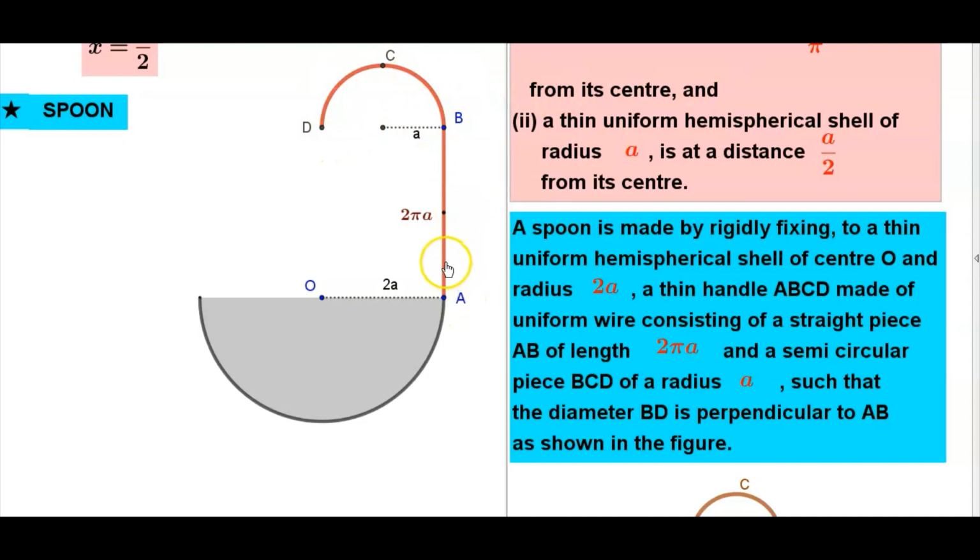The thin handle is made of a semicircular piece and a straight piece.